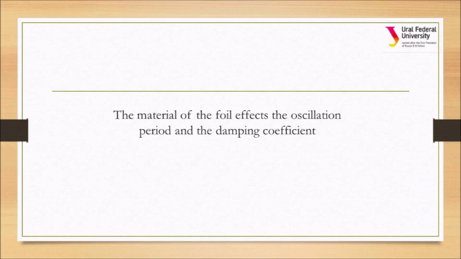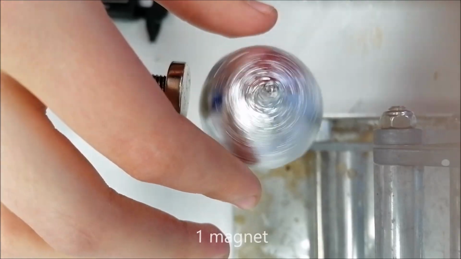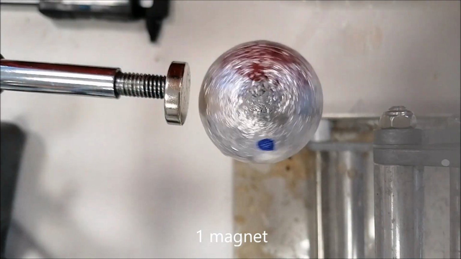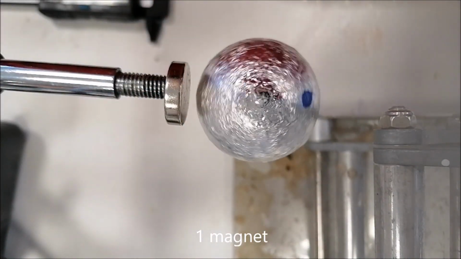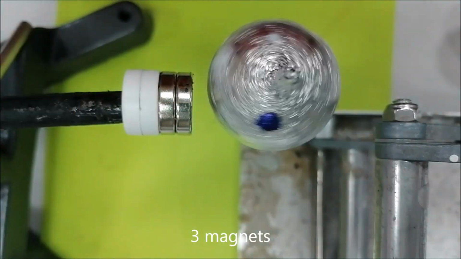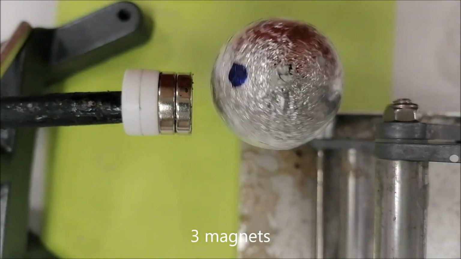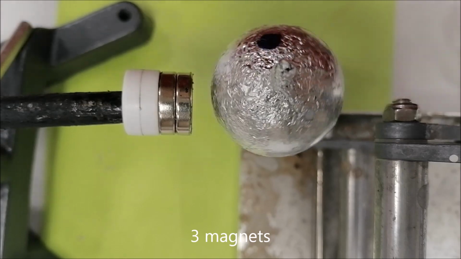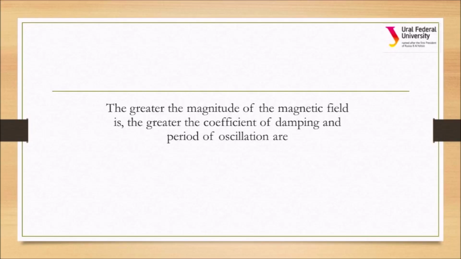A ball wrapped in copper foil stops earlier than the ball wrapped in aluminum foil. We changed the magnitude of the magnetic field. The greater the magnitude of the magnetic field is, the greater the coefficient of damping and period of oscillations are.